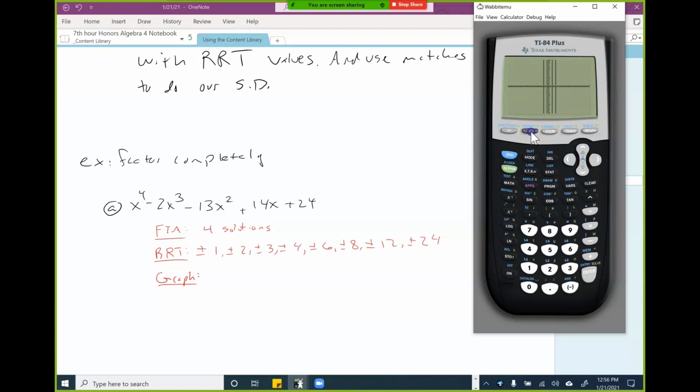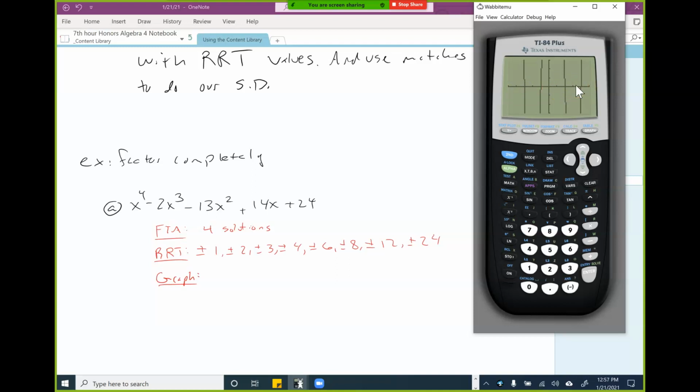So it looks like I have negative 3, negative 1, positive 2, and positive 4 because each one of these little guys is a tick mark, is 1 unit. Is everybody good with how I read that? Okay. So I'm going to list those down now. So I have negative 3, negative 1, positive 2, and positive 4.